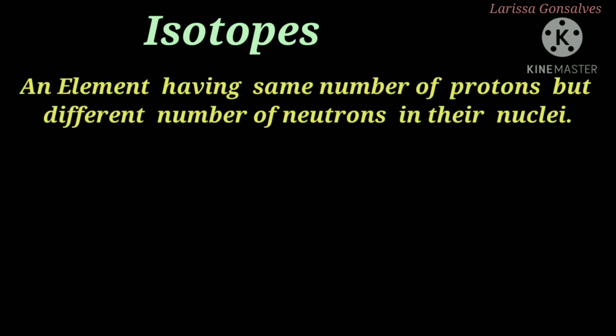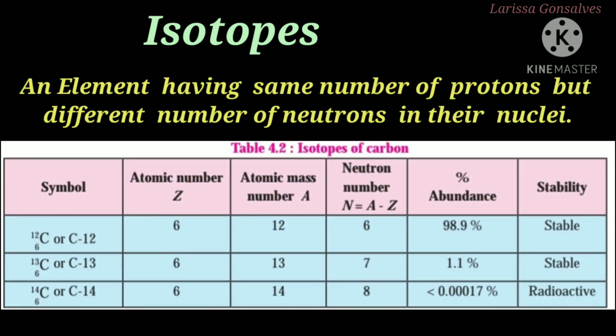So how would you define isotopes? The isotopes of an element have the same number of protons but a different number of neutrons in their nuclei. We know that the proton number is only the atomic number. Here is an example of isotopes. We are taking the example of isotopes of carbon. Carbon has three isotopes, carbon 6 and 12.